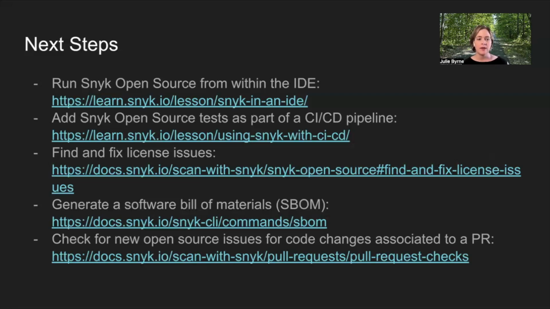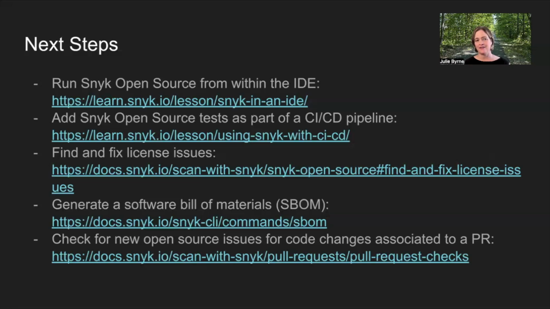And then finally, we have the ability to check for new open source issues that are being introduced as part of code changes that we're making as part of our standard development process. That capability is called pull request checks, and it will show us here are the new vulnerability issues introduced based on the code changes we've made in this feature branch associated to this PR.